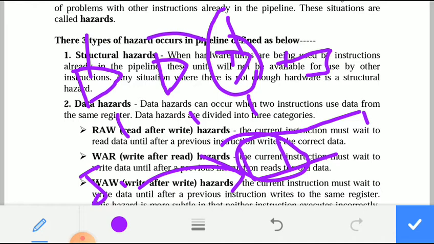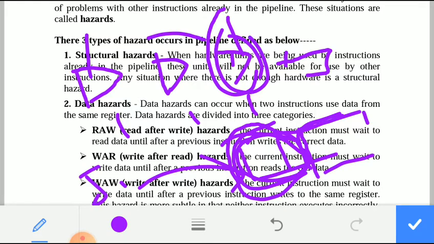But the address bus or data bus is a single bus, so we cannot start I3 from this place. Fetch instruction cannot be performed at this time. We can execute I3 after this fetch operand unit finishes. This is the structural hazard.